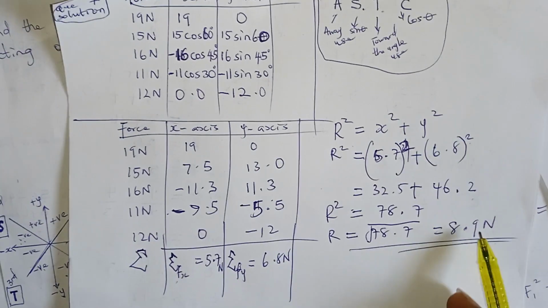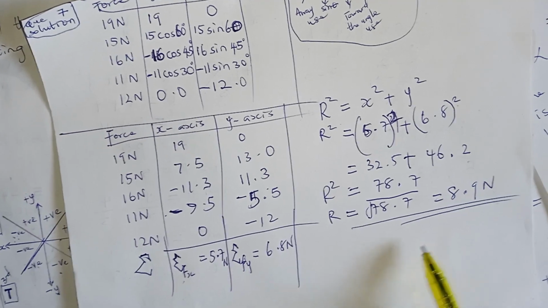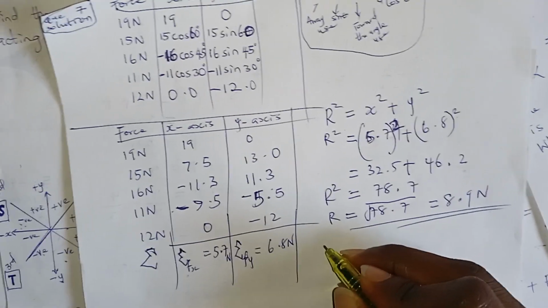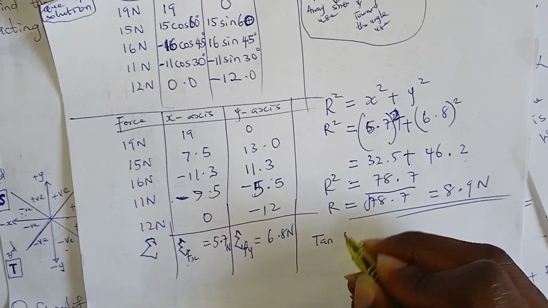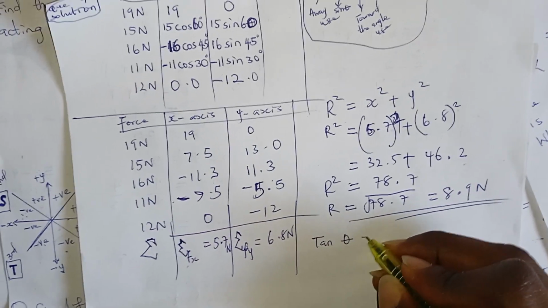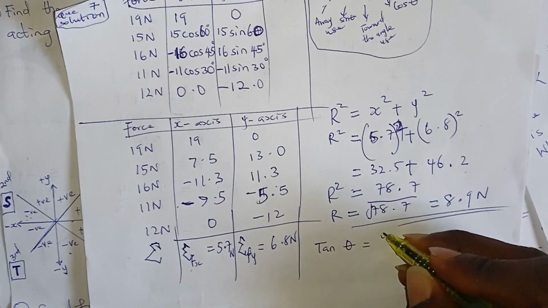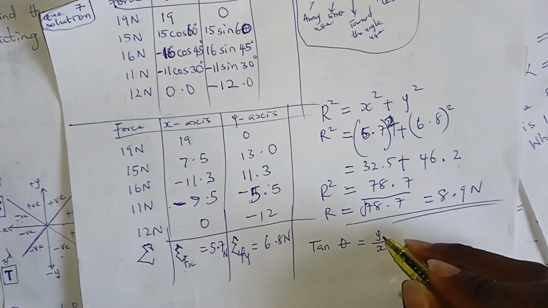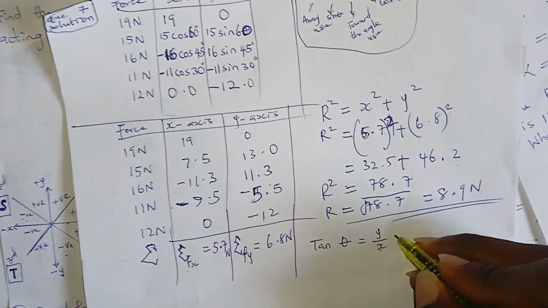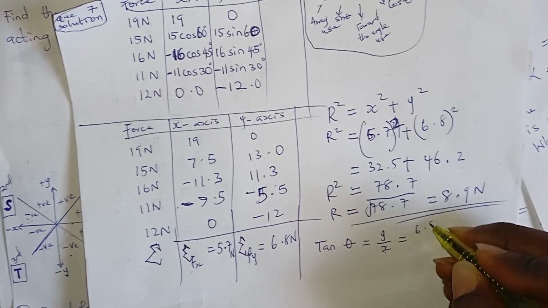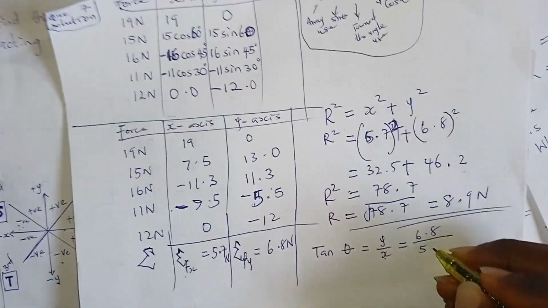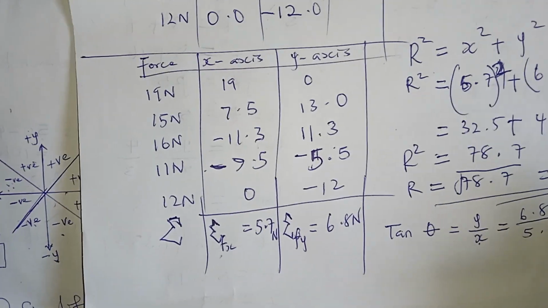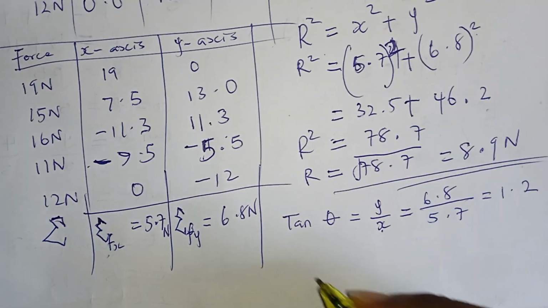When it's force, we are talking about the resultant; if they said displacement or distance, it will be in meters. So now to find the angle theta, tan theta is always y over x, that is sine over cos, so this becomes 6.8 over 5.7, which equals 1.2.